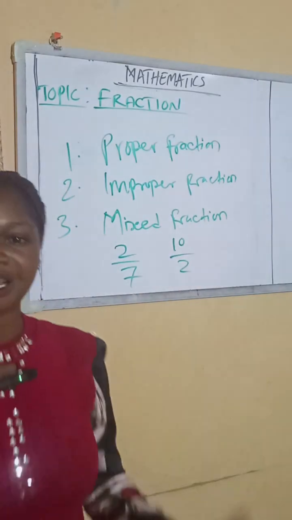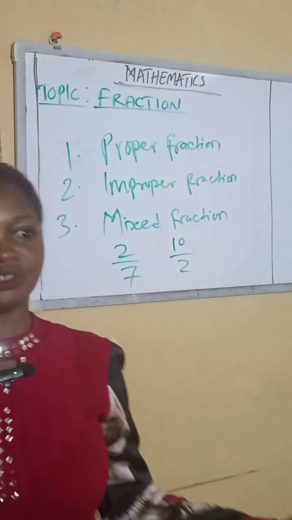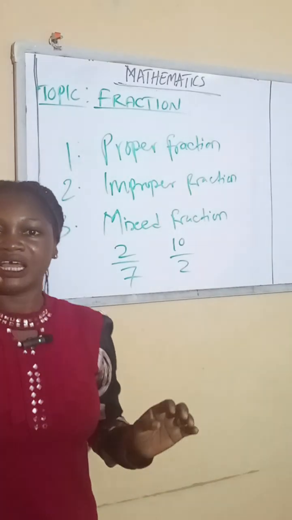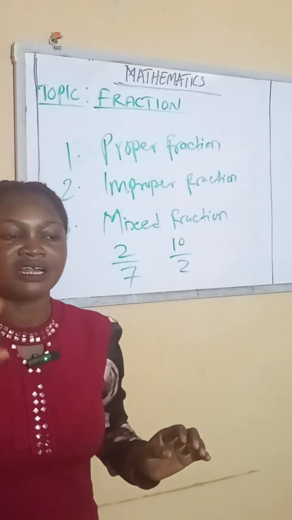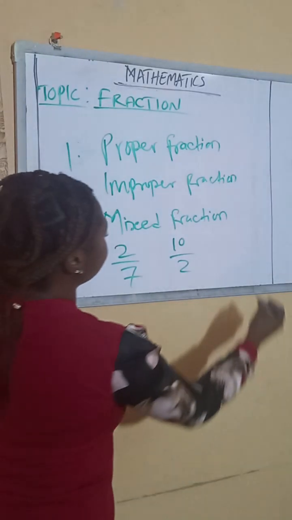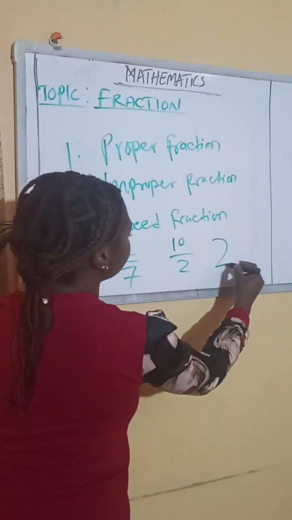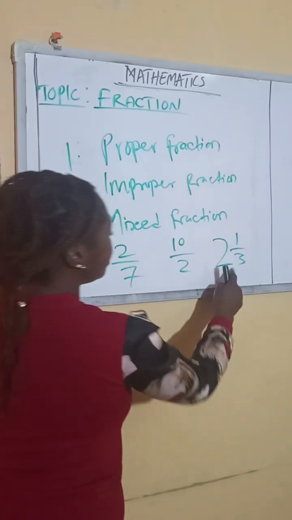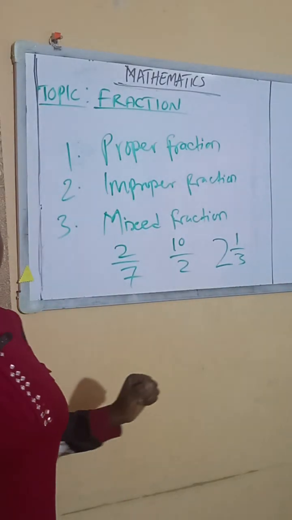And how do you identify a mixed fraction? A mixed fraction is a whole number and a proper fraction. When you see a whole number like 2 whole number 1 over 3, this is a mixed fraction.